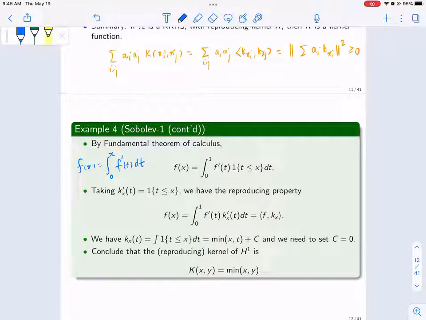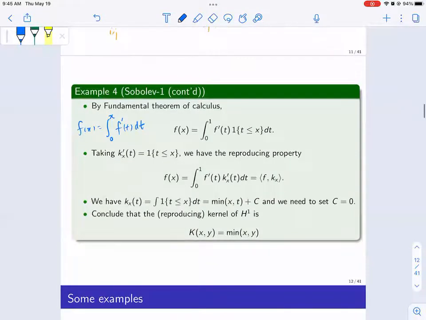So f' exists almost everywhere, and it's in L2, so it's in L1 in fact as well. So this exists, and we also have f(0) equal to 0. You can see from the fundamental theorem of calculus that this holds. Right? So this would be like f(x) minus f(0), and we have this boundary condition. And so I can write it like that.